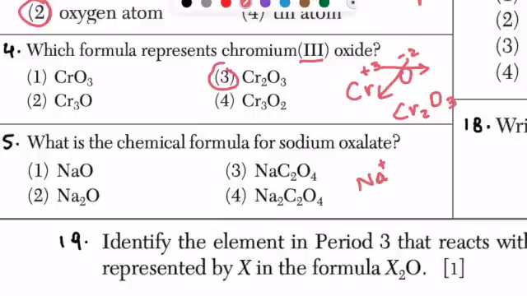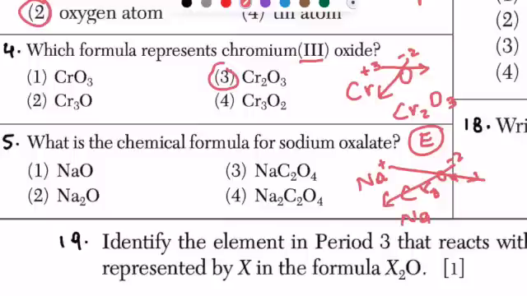So you can go to Table E to look at the formula for that polyatomic ion. Oxalate is actually C2O4 with a charge of -2. When we do the crisscross in this case, sodium gets a subscript of 2, and C2O4 gets a subscript of 1, which we don't need to write. So the answer in this case is 4.